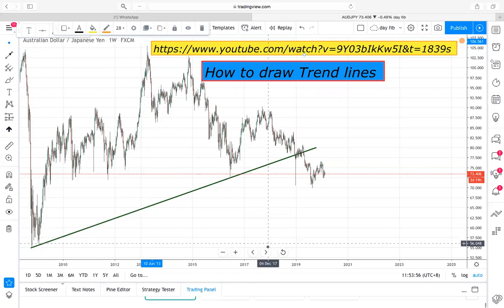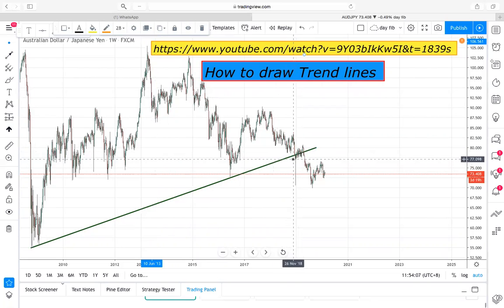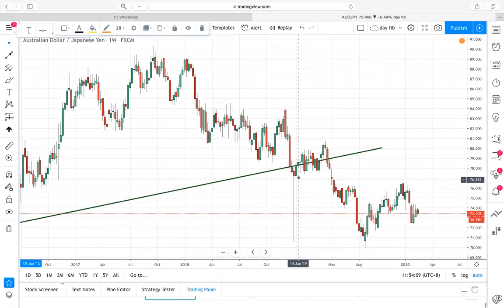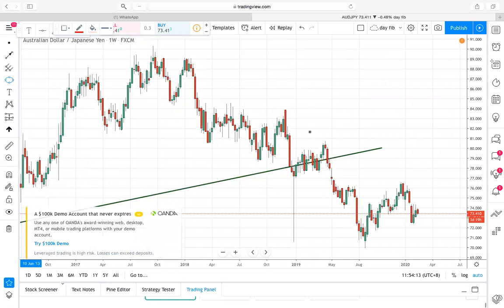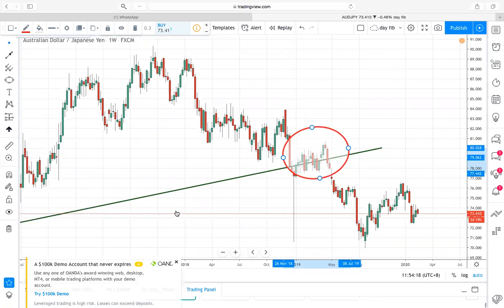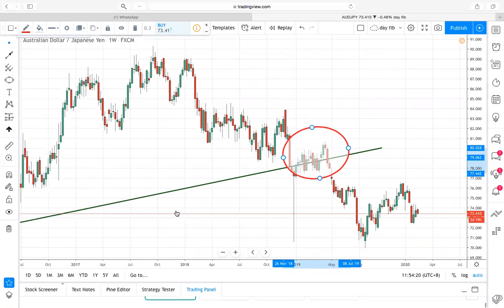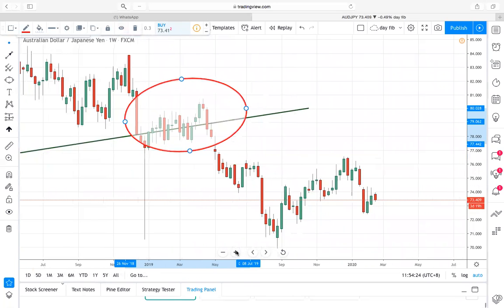Now the trend line basically tells me that the price action has come down after hitting the peak of 102, double down, and it has broken down from this trend line here, as you can see. Now this red circle here, why am I highlighting it to you guys?